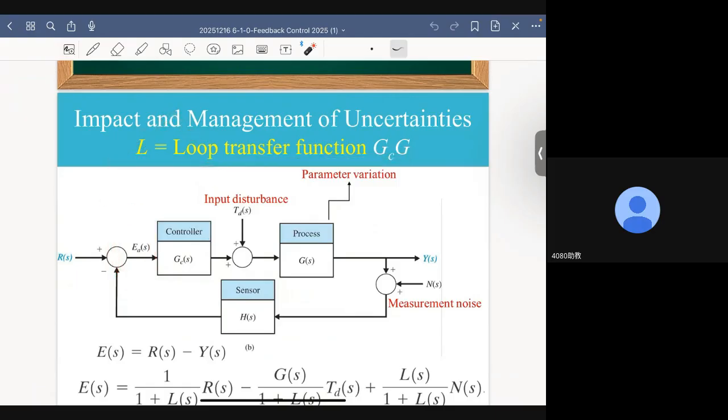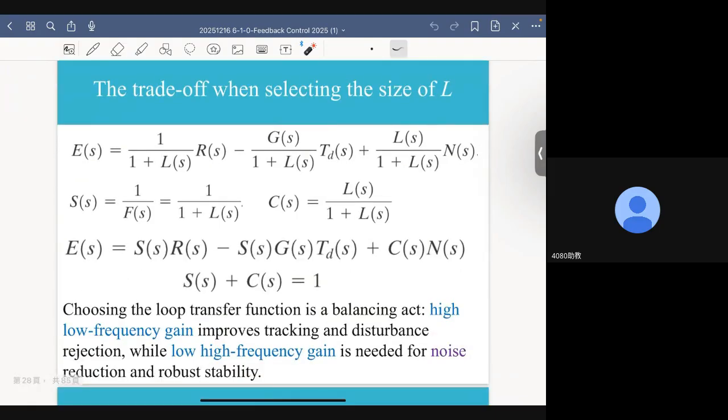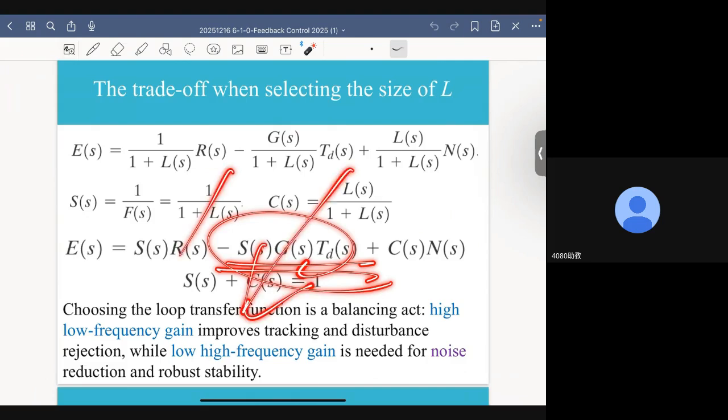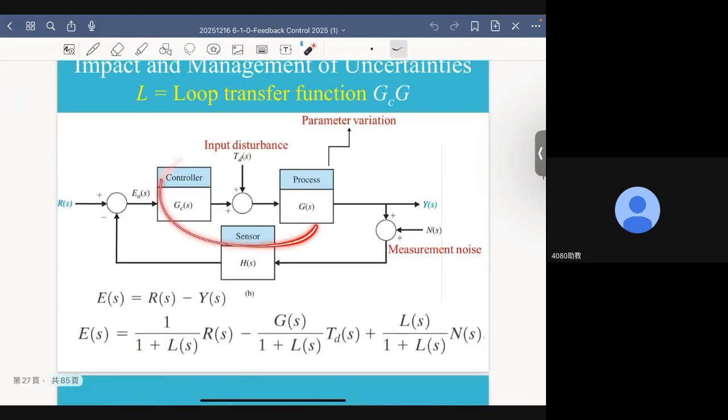If I have large L, that means the controller will produce stronger, larger corrective action to try to minimize or at least reduce the error. Okay, so that is why increasing L is useful for reducing this as well as this, because when you increase L, for the same error, the controller will produce stronger, larger corrective action to try to reduce the error.